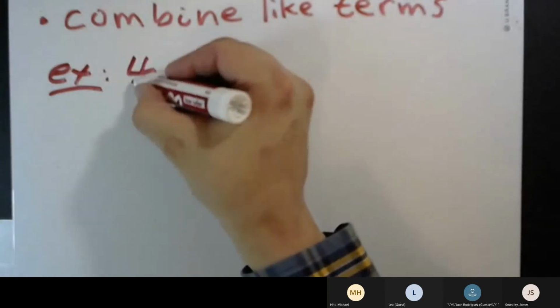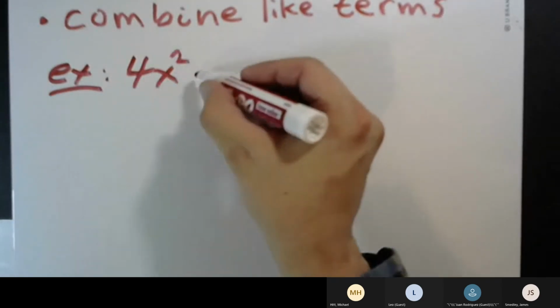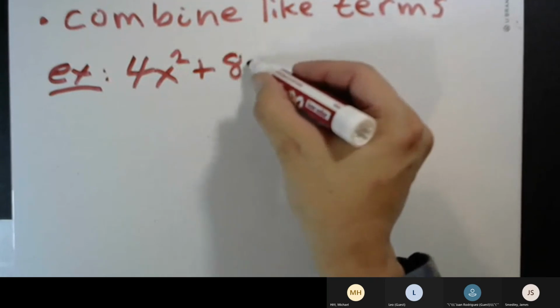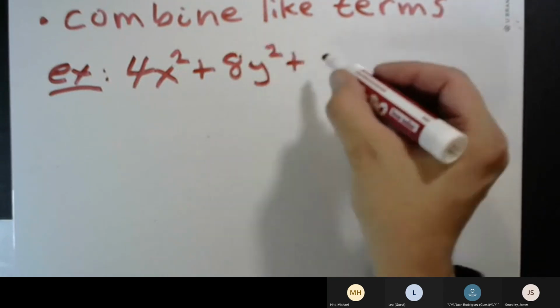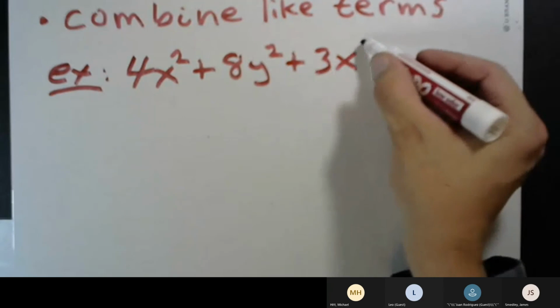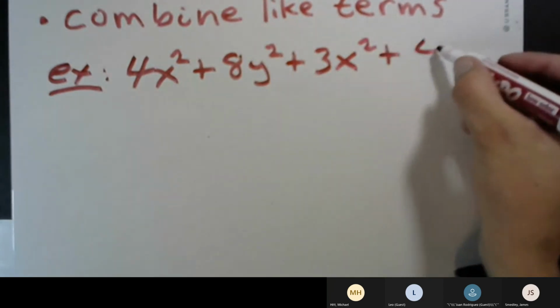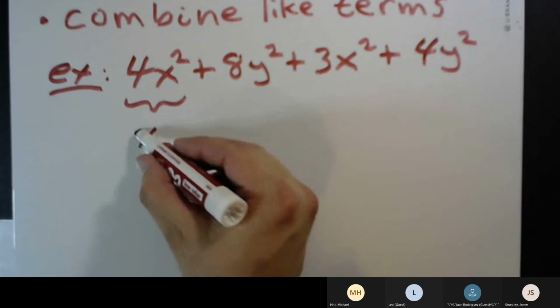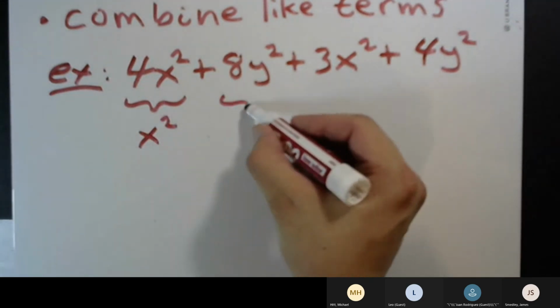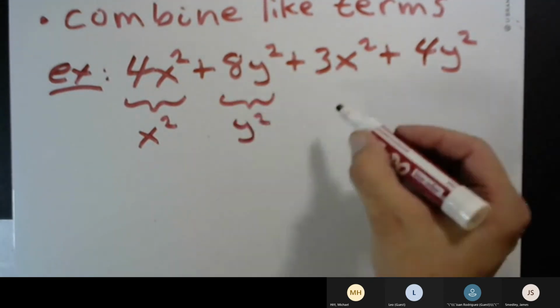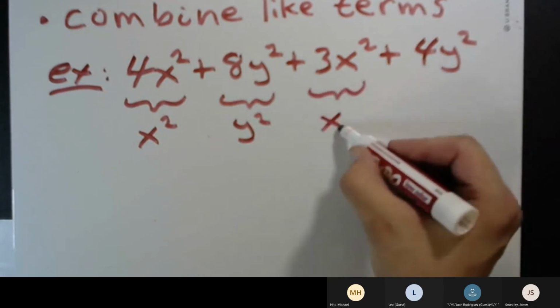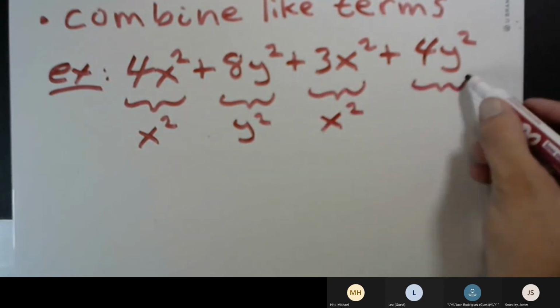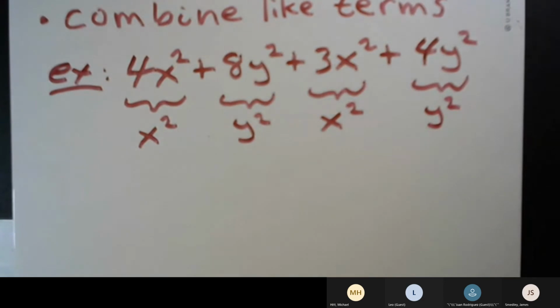Let's say we have this. So what we can do, if we look at these in terms of types, well, this is an x squared. This is a y squared. That's an x squared. And this is a type y squared.